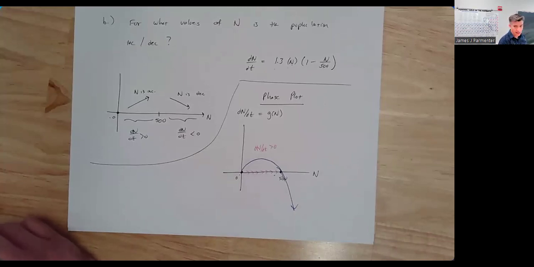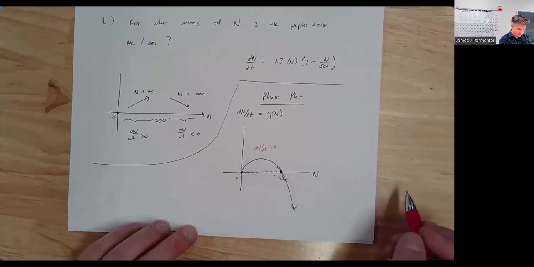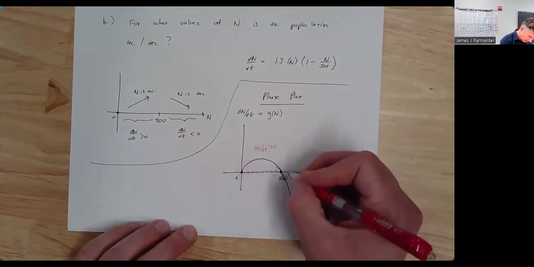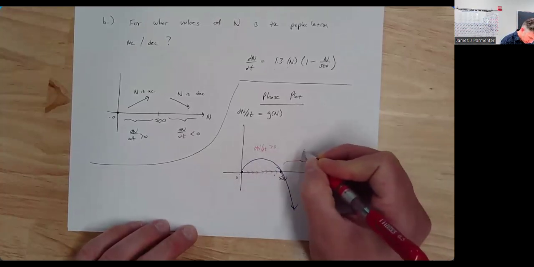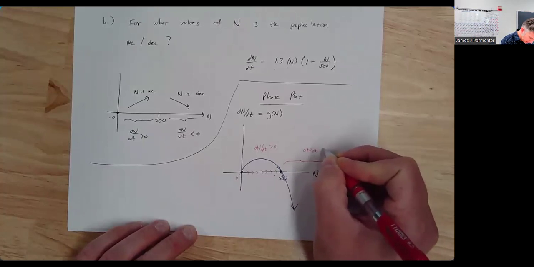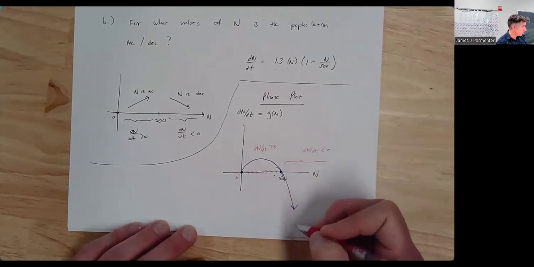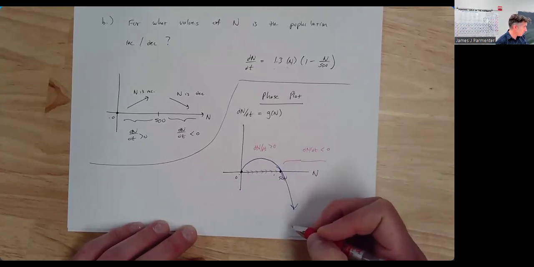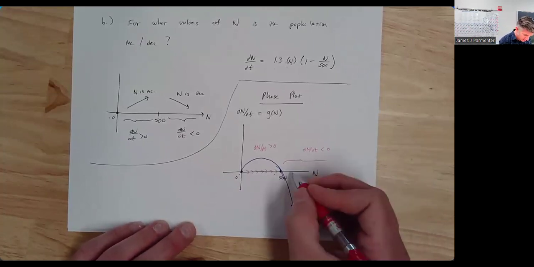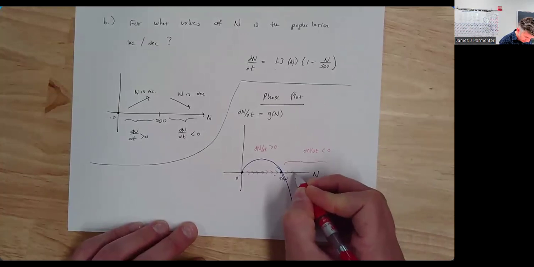And on the other side, after 500, over here, dn dt is negative. My derivative, the values are below the horizontal axis, meaning they'll have negative values, which means n is decreasing.